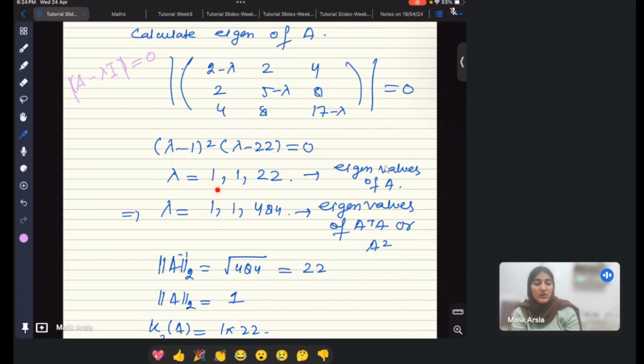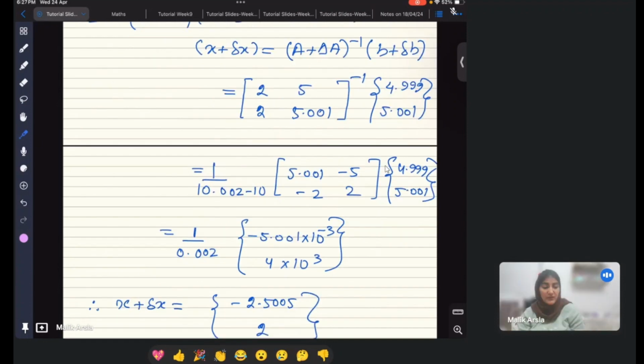Now calculating the inverse of a 2 cross 2 matrix is very simple. You will just exchange these two entries, put a minus sign here, and divide by its determinant. That is what I have done here. After multiplying this matrix with this vector, you get something like minus 5.001 into 10 to the power minus 3, and the second entry is 4 into 10 to the power minus 3.